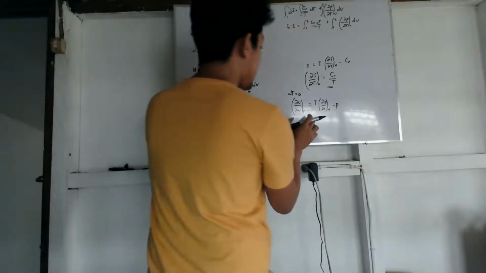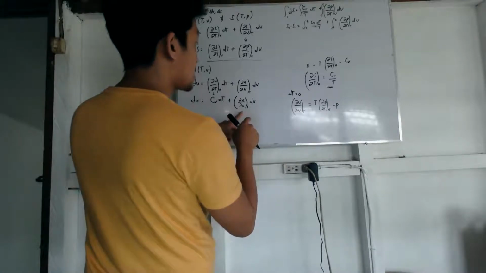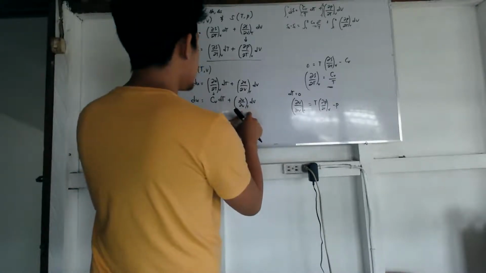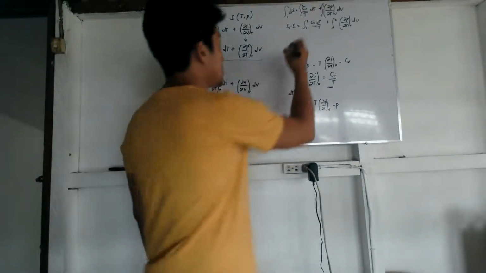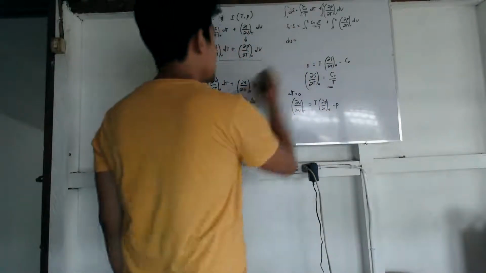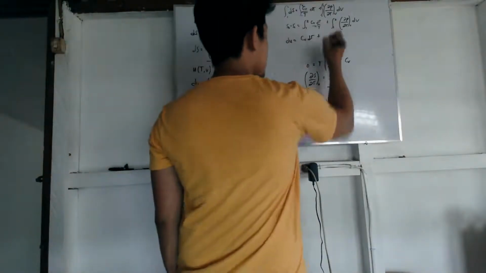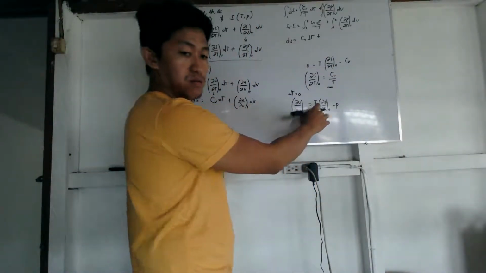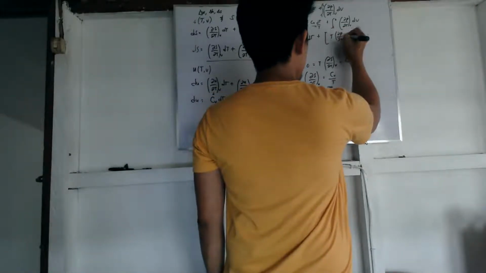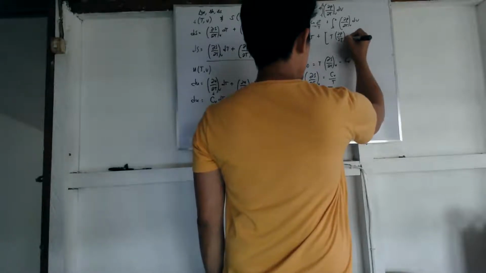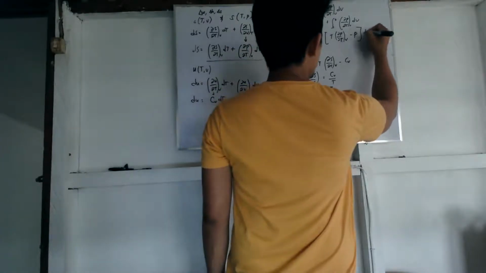And then we substitute this back here. Therefore, you have dU equals Cv dT plus T partial of P with respect to T minus P dV.